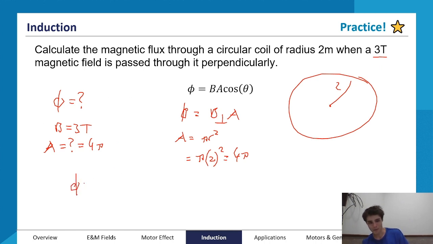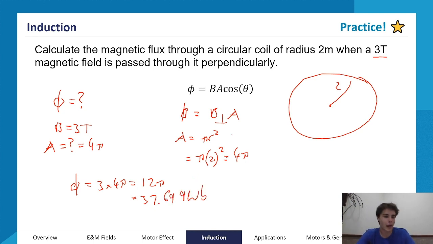We get phi is equal to 3 times 4 pi, which is equal to 12 pi. Let's put it into the calculator to get a feel for how big that is. That is 37.699 Webers, or however it's pronounced. But yeah, that's how we calculate our magnetic flux.